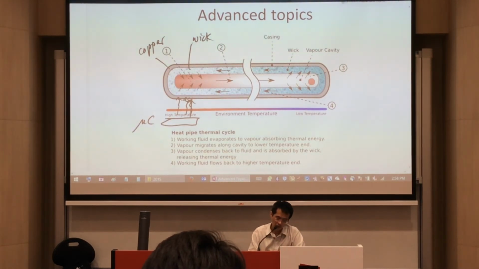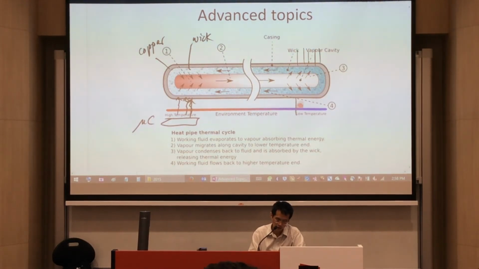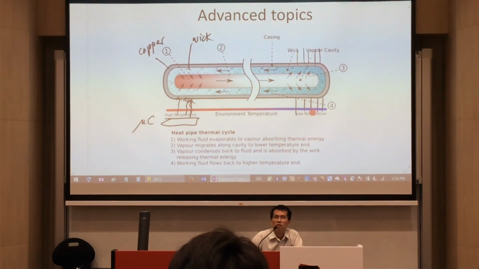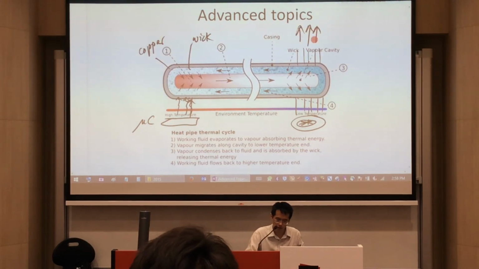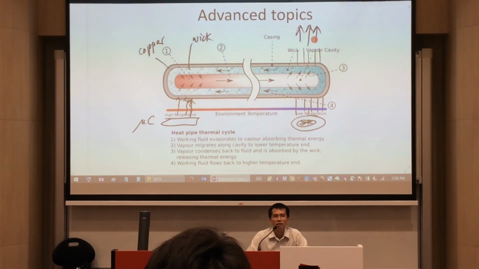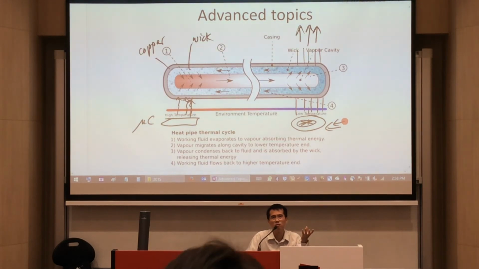Now the important part is that this other end over here is good to have cooling fins at this side. Why are cooling fins necessary? Because in the function of a laptop, you would want to have a blower fan over here so as to blow forced convection across in that way. Now, that will be using the ambient air that's coming in, say about 30 to 32 degrees Celsius.